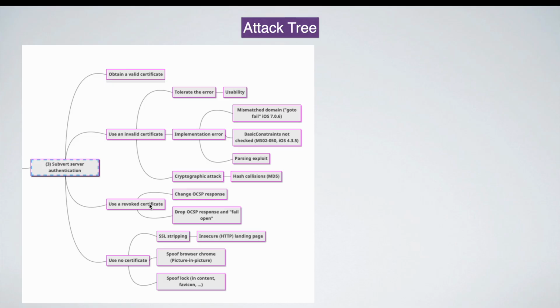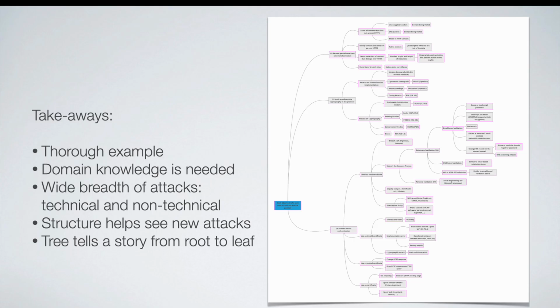Is there any other kind? Well, what about no certificate? Maybe I wouldn't think of putting this node in until I see these three nodes, and then it makes me think, okay, yeah, that's another way of doing this kind of thing. So that structure can also help you think about other paths that are possible.